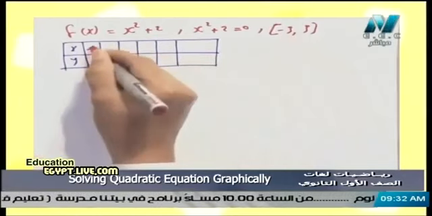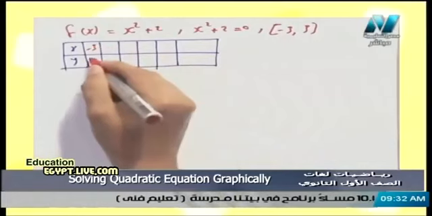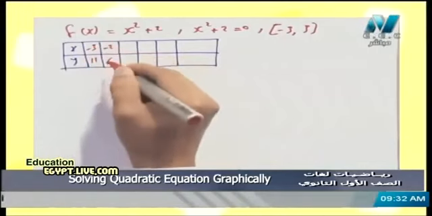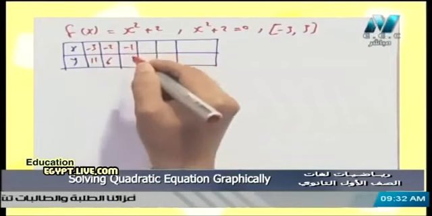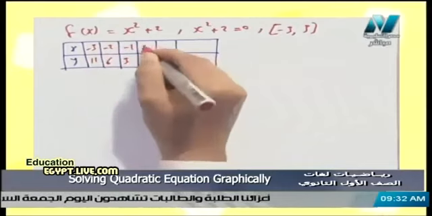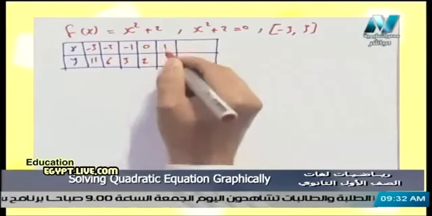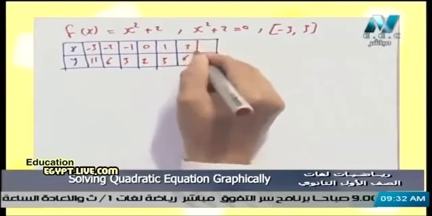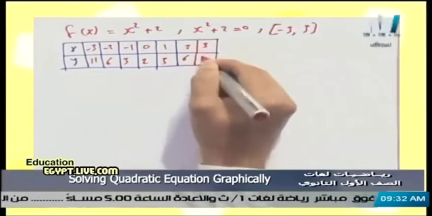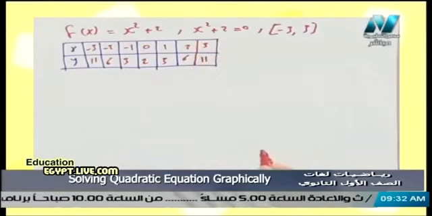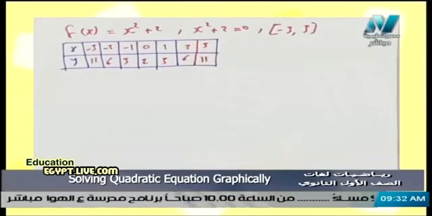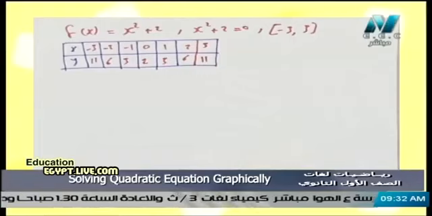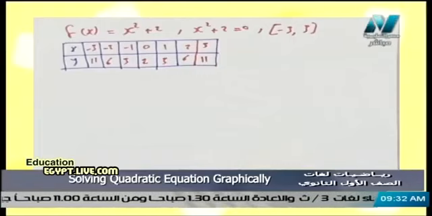At negative 3 you will find y equals 11, negative 2 6, negative 1 3, 0 2, 1 3, 2 6, and finally 3 11. And it remains to draw the graph.